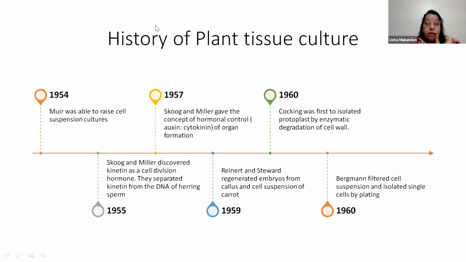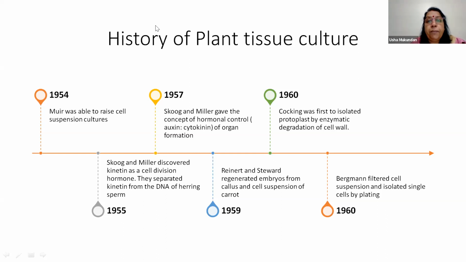Now you know that kinetin is nothing else but 6-furfurylaminopurine. A very important natural cytokinin which is present in maize is known as zeatin. So zeatin is a naturally occurring cytokinin. In 1957, Skoog and Miller gave the concept of hormonal control.